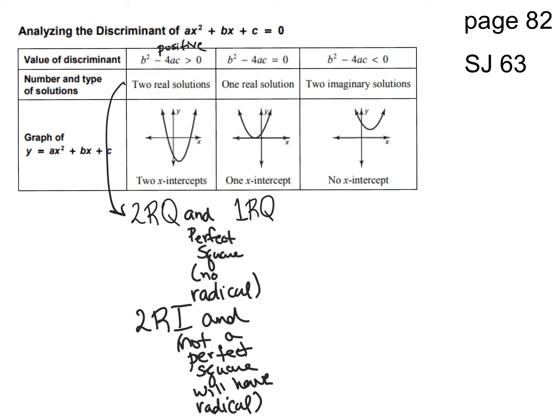And if the value of your discriminant is less than 0, meaning that it's negative, then you're going to have two complex answers. I know it says two imaginary solutions, but I like to refer to imaginary solutions as in the set of complex numbers. They're complex. You're going to have an i.